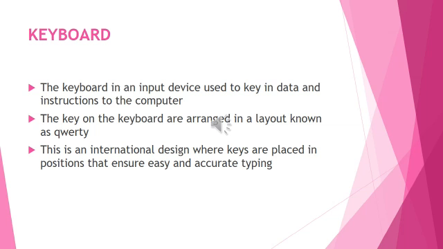So QWERTY is an international design where the keys are arranged in positions that will ensure easy and accurate typing. You'll notice the keyboard is not arranged in the normal ABCD format. It has a different format, which is QWERTY. That is used because it helps the people who are typing to type quickly, accurately, without mistakes. It ensures accuracy and speed.